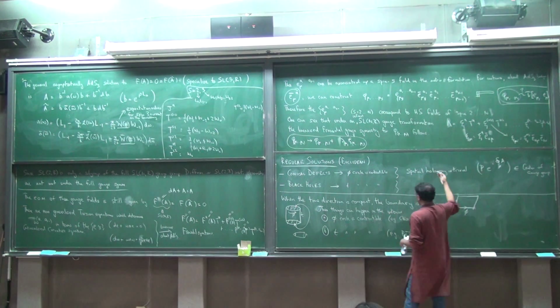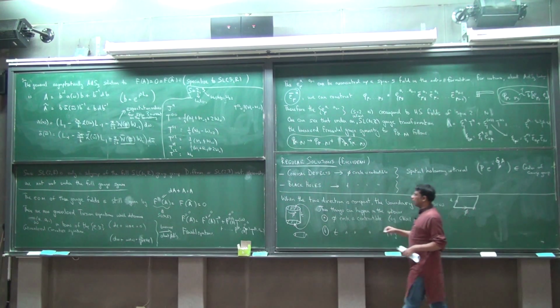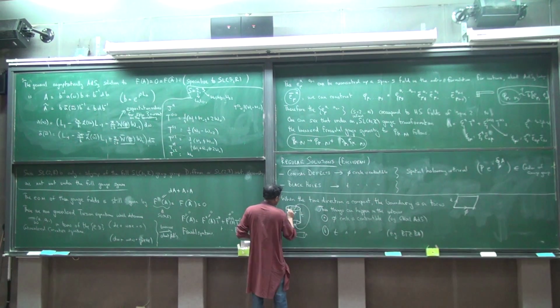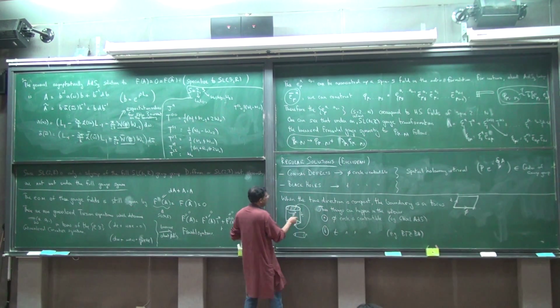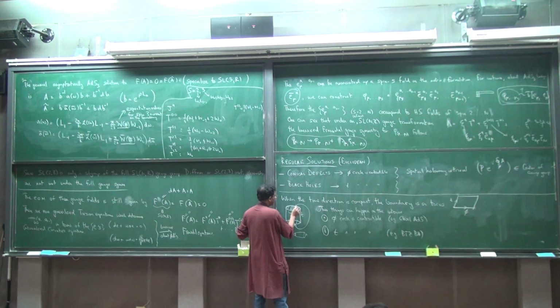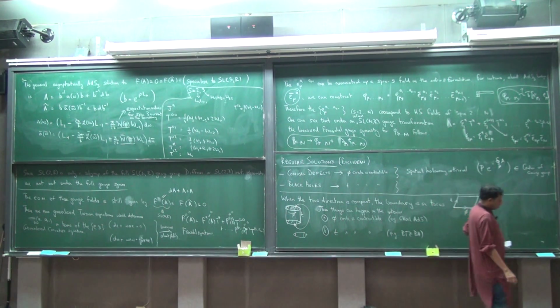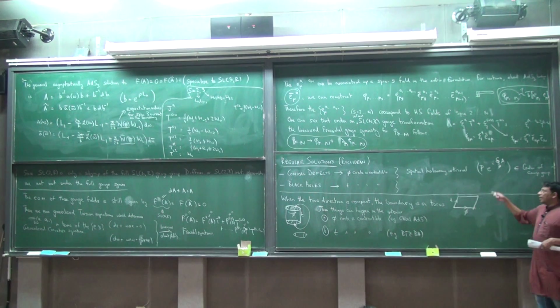The argument is similar: if this phi circle is contractible, then since the theory is topological and there's no field strength, the holonomy here is the same as the holonomy of a small circle, and if it smoothly shrinks to 0 size, then this must be an element of the center of the gauge group.